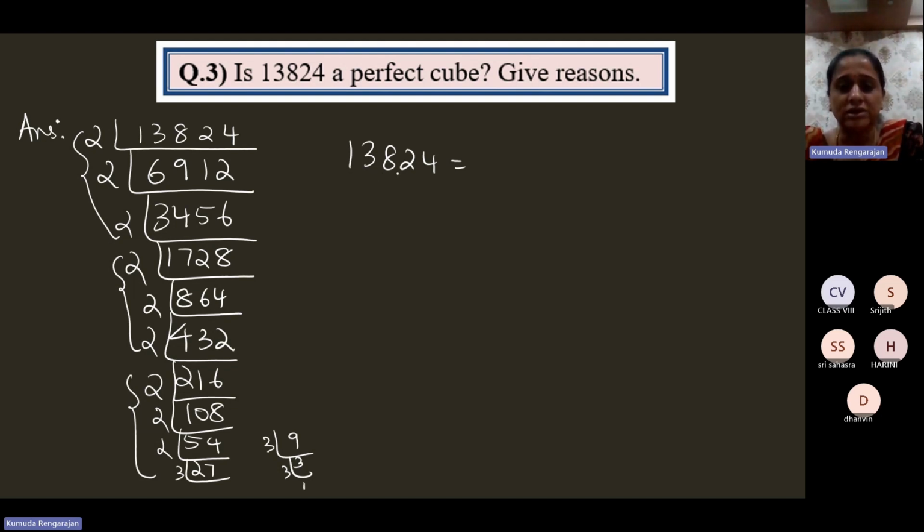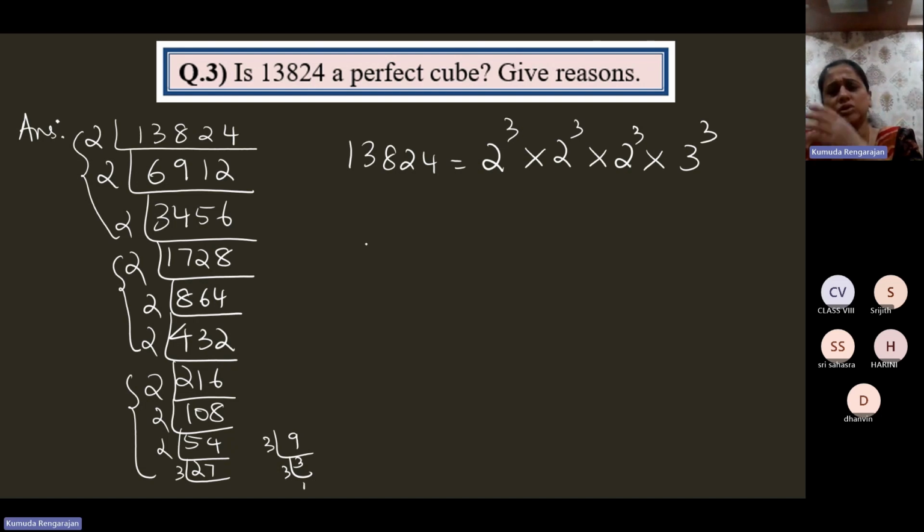So 13,824 is equal to 2 to the power 3 into 2 to the power 3 into 2 to the power 3 into 3 to the power 3. You can also write 2 to the power 9. That's not wrong. Okay, so 13,824 is equal to 2 cubed into 2 cubed into 2 cubed into 3 cubed.